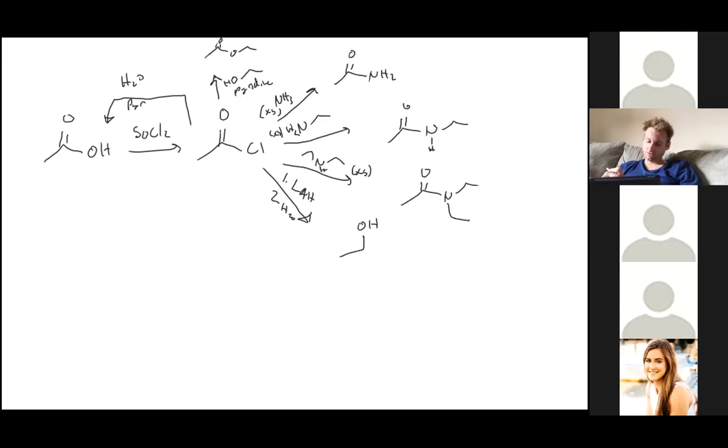We could also add in a more hindered version of LAH. So LAH is LiAlH4. We add LiAl(OR)3H.